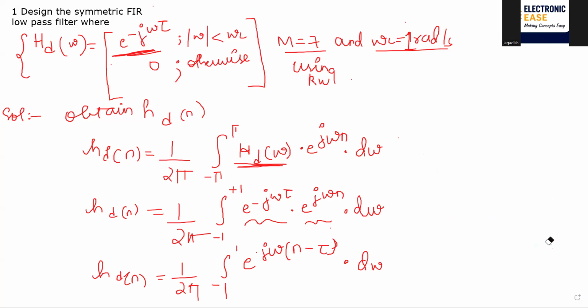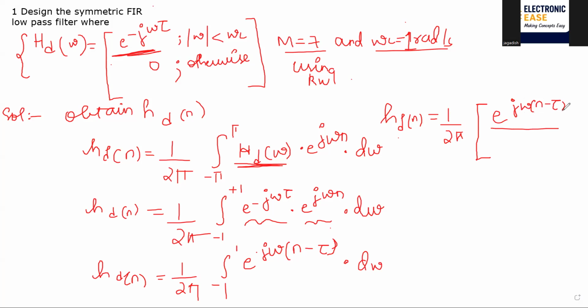HD of n is equal to 1 divided by 2 pi. The integration symbol will be gone, and I will be left with e to the power of j omega into n minus tau, divided by a. What is the value of a?